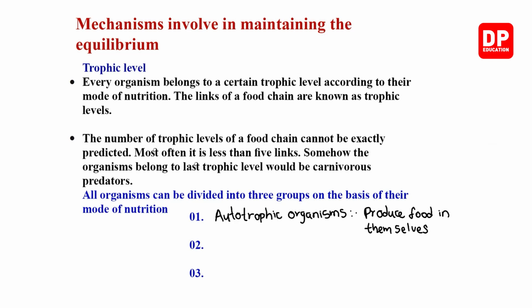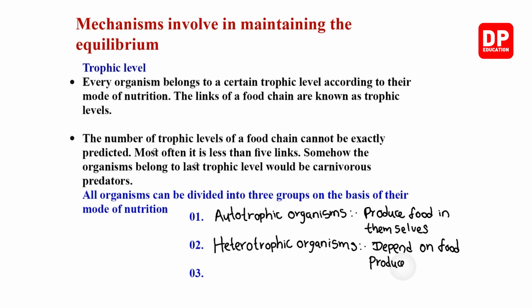Number 2, heterotrophic organisms. They depend on food produced by autotrophic organisms.